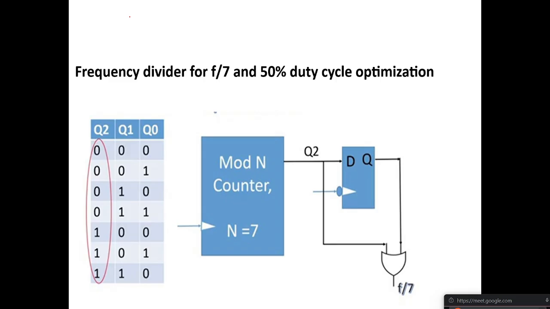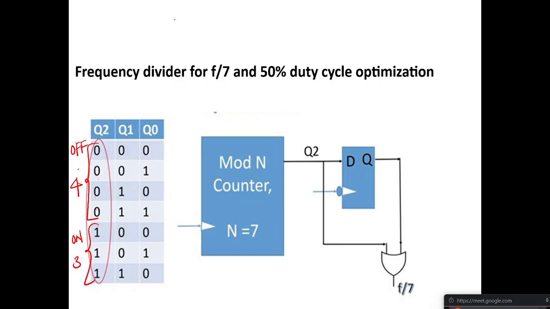And next, f by 7 means what? This is off for how many clock cycles? 4. This is on for 3 clock cycles.